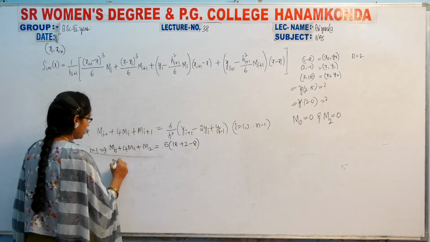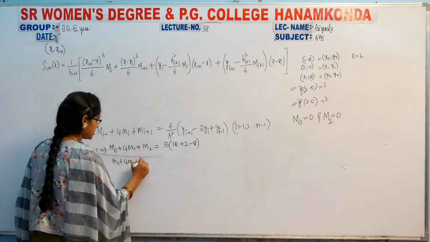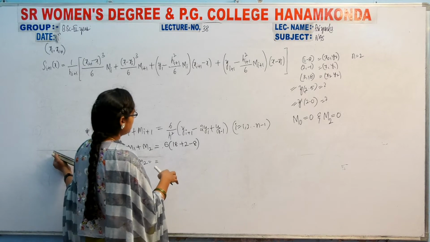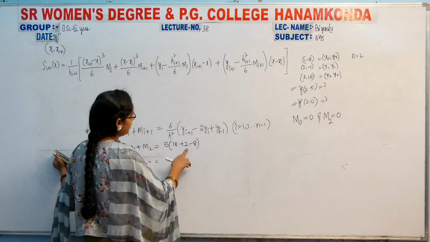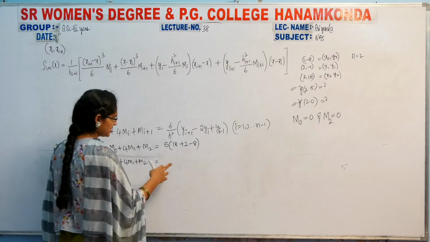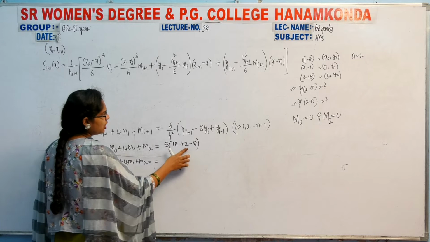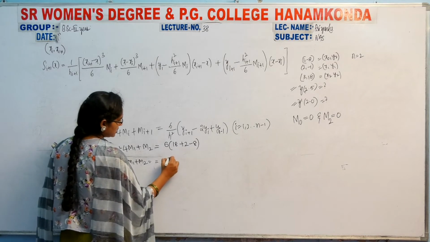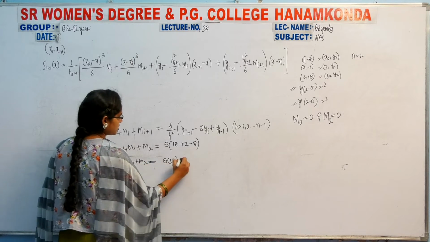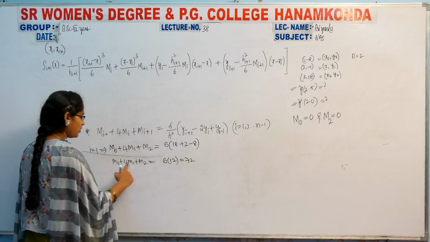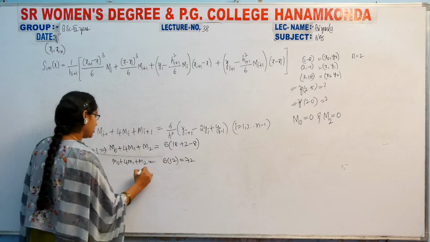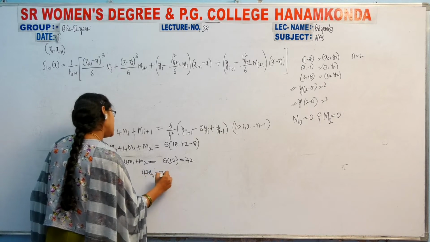So now here m0 plus 4m1 plus m2, no actually here, 20 minus 8, 12, 6 into 12 now, that's it, that is nothing but 72 we have, which is equal to 72. Now what we know that this, consider this as equation number 1. Now substitute m0 and m2, then 4m1 is equal to 72.